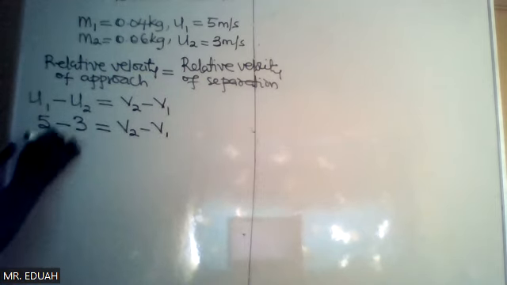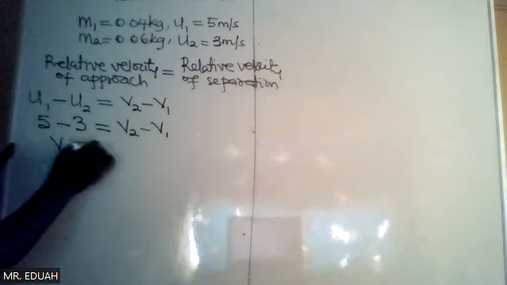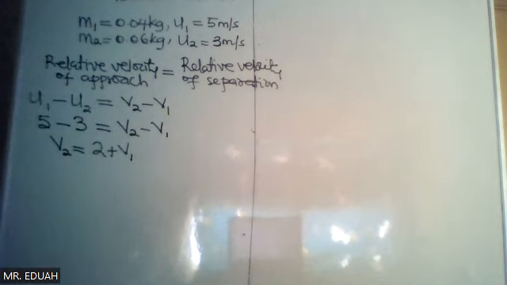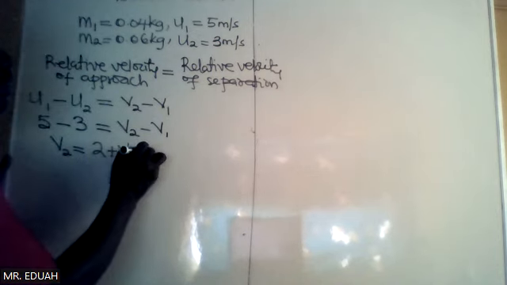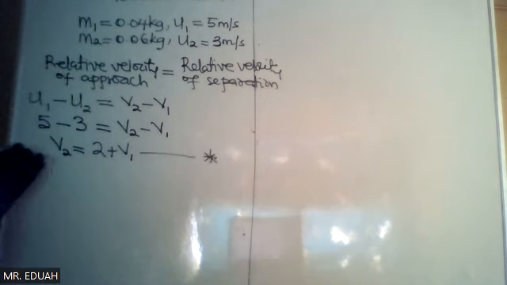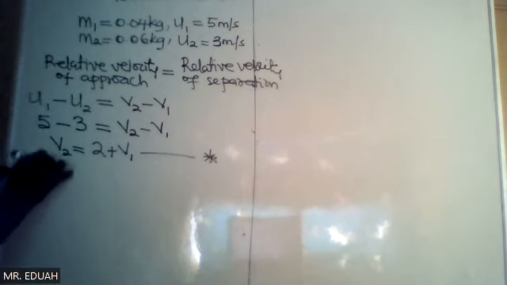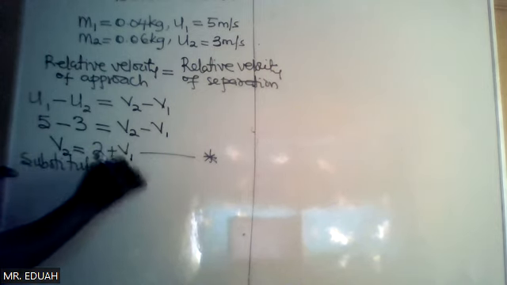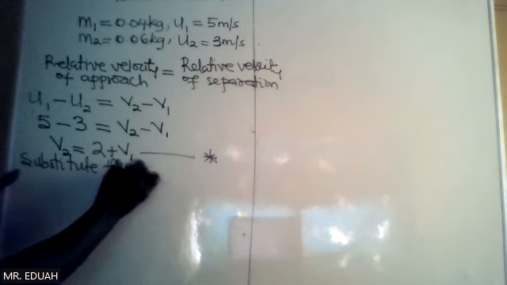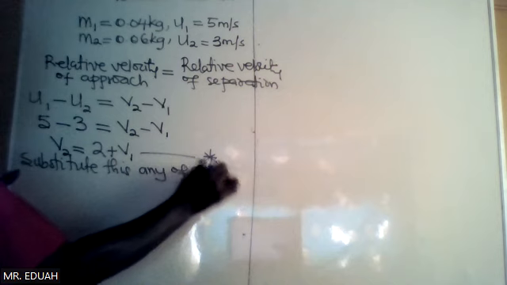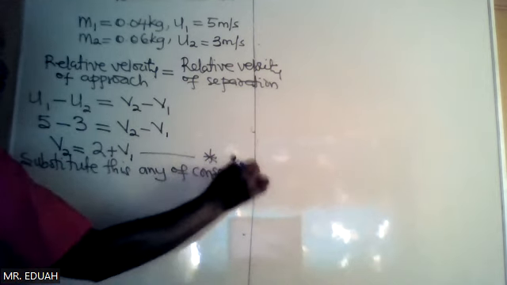So V2 is equal to 2 plus V1. So substitute this into any of the conservation equations.